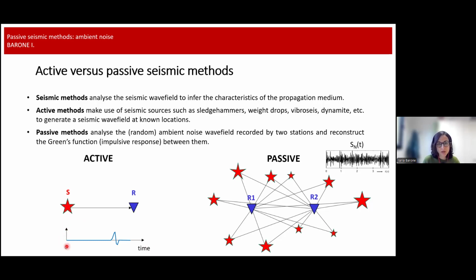So we record a trace, we see at what time our pulse arrives at the receivers, and so we can have an estimate of the velocity of the medium.